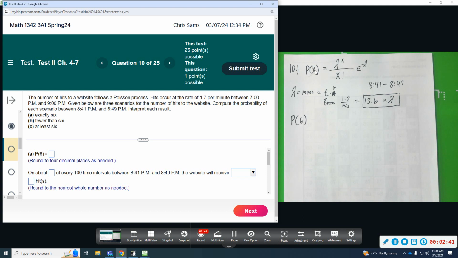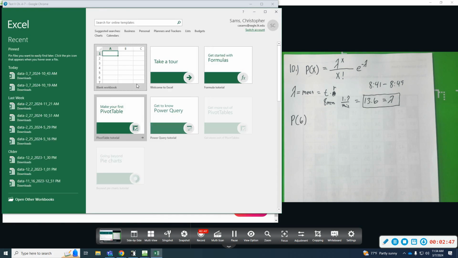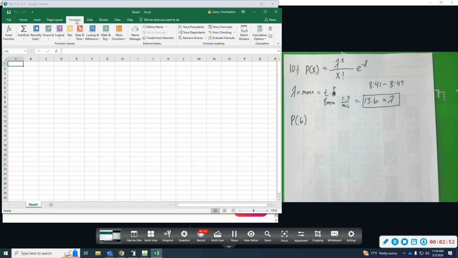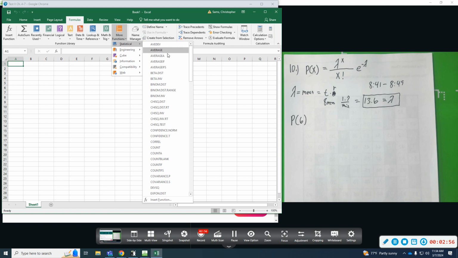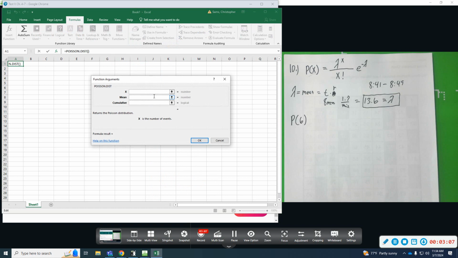So we're going to do this with Excel. We can punch this in the calculator, but again, we're just going to do it with Excel. That'll be a little bit faster. So in Excel, we're going to go to formulas, more functions, statistical. They're in alphabetical order. We're going to look for Poisson. Not pronounced poison, it's Poisson. It's a French name, I want to say. So Poisson right here. We input the number of successes that we want, which is 6.